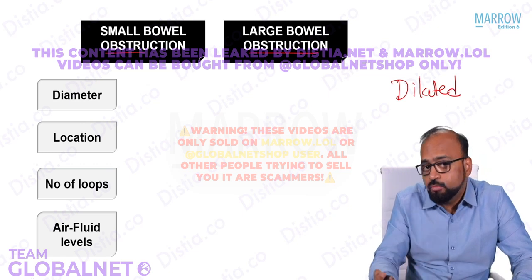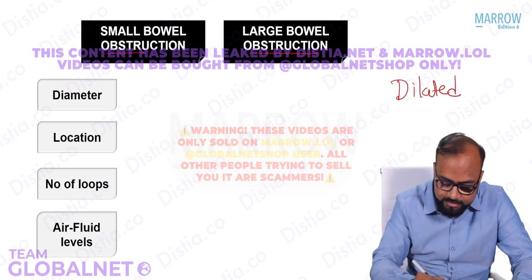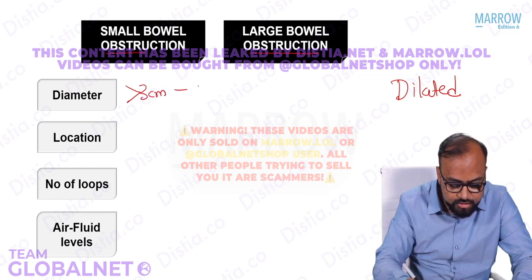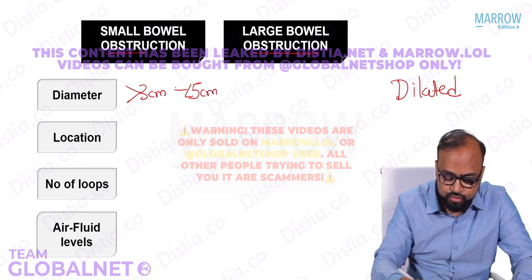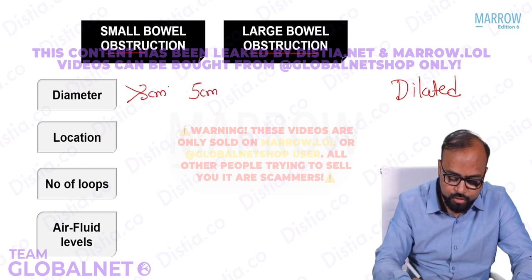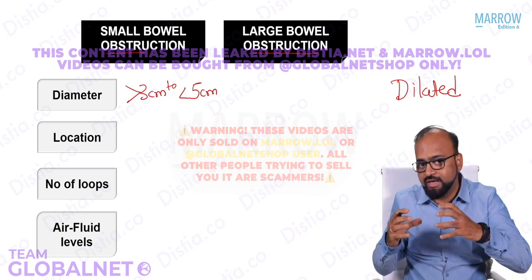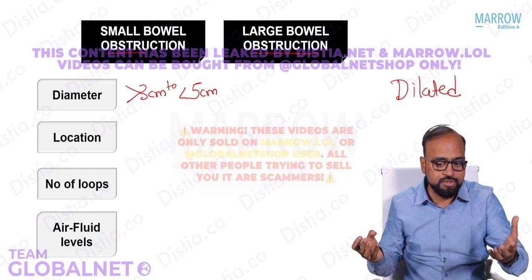When do you say that a small bowel loop is dilated? You say that a small bowel loop is dilated when the diameter is more than 3 centimeters, but it is usually less than 5 centimeters. Why? Because when it becomes more than 5, it usually perforates.